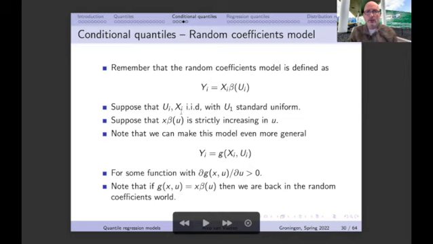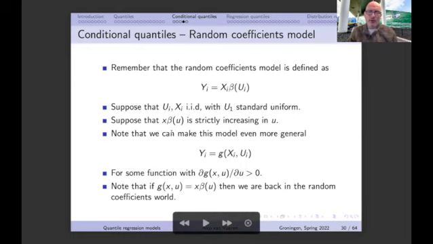However, I'm going to make one additional assumption, and that is that x multiplied by beta(u) must be strictly increasing in u. We do not, of course, know what these betas are, but we assume that at the moment I increase u, then x times beta(u) must also be increasing.